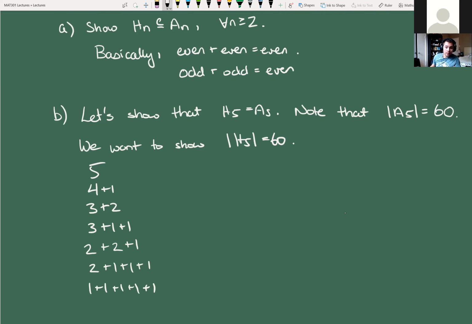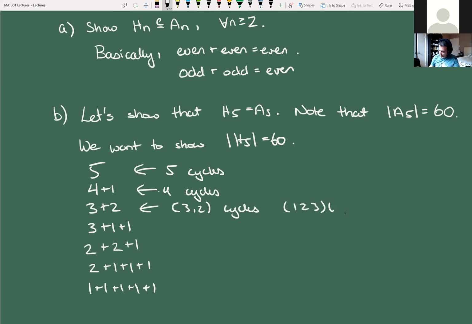Okay. So you might say, why did you write these out? Because these are the classes of elements of S5, right? We've got 5 cycles. We've got 4 cycles. We've got 3 2 cycles, right? So when I say this, I'm talking about stuff that looks like that, right? So it's a 3 cycle and a 2 cycle, but they have to be disjoint.